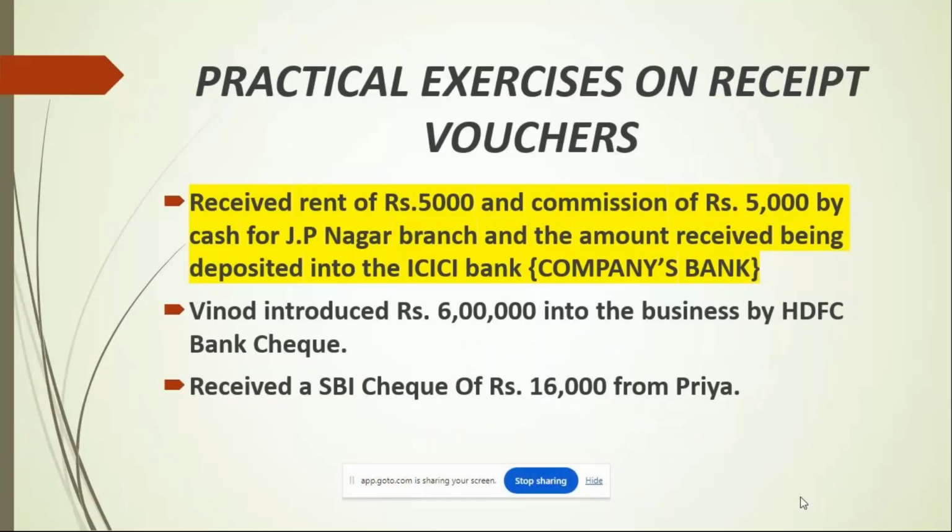I say I have received rent and commission of 5,000 each, and I have received it in cash form, for J branch. And the same 10,000 amount I have deposited into the company's bank. So here the question lies in my debit aspect, should I put up cash or should I put ICICI? Now if I put cash, how do I declare that I have deposited to the ICICI?